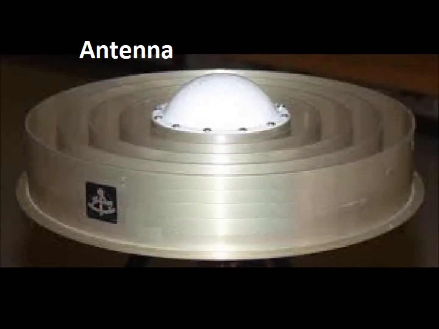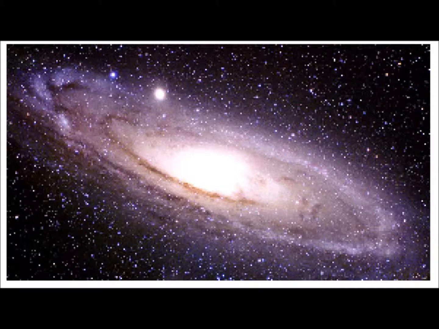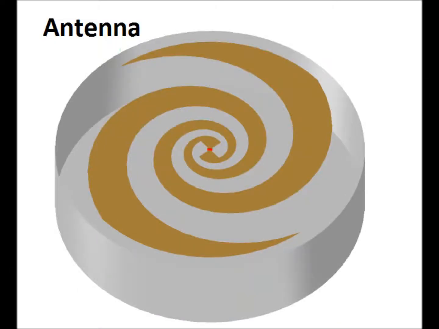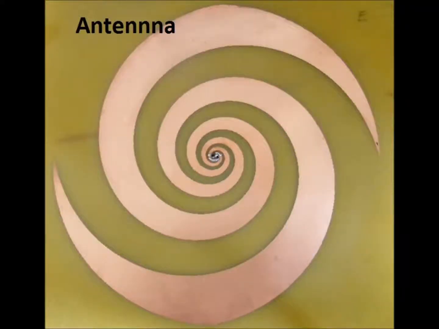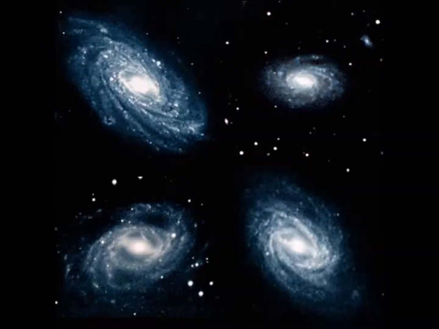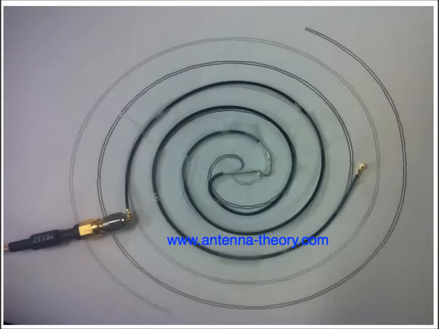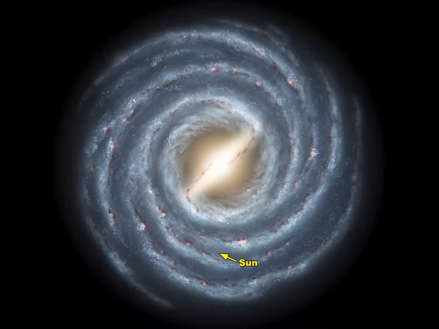Not only do the galaxies look like antennas, sensors, and so forth, but they also are made of the same base elements, and they also produce the same types of electromagnetic fields as sensor equipment, scanner equipment, antenna equipment, and computer equipment.